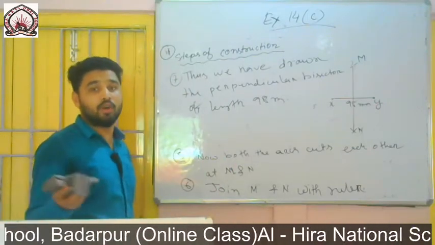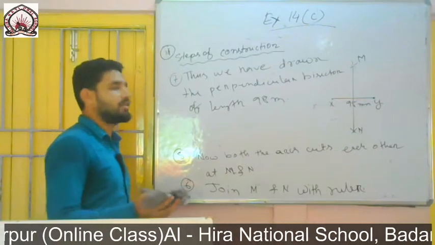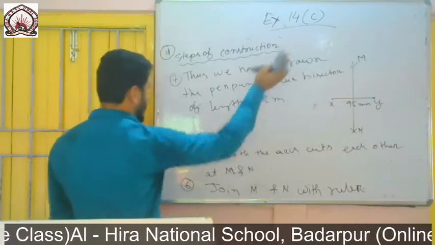So that means we have to draw 4 perpendicular bisector.